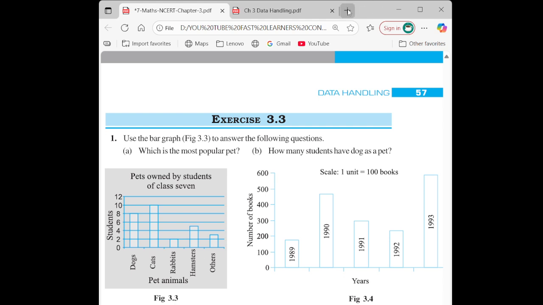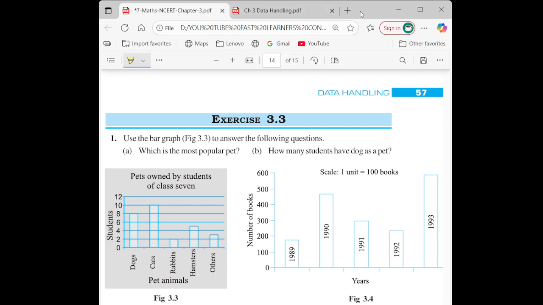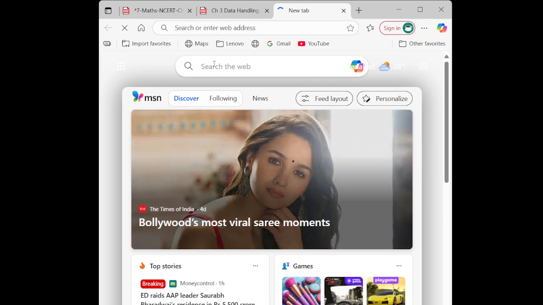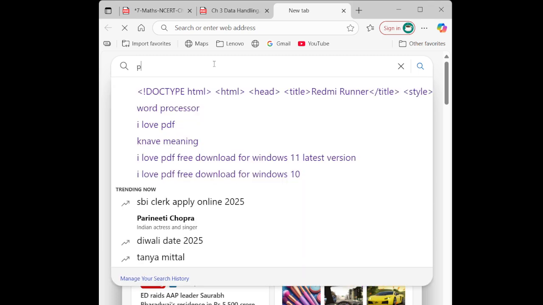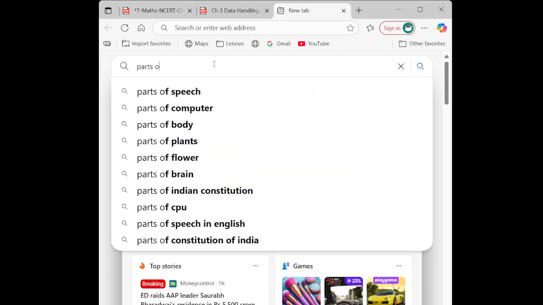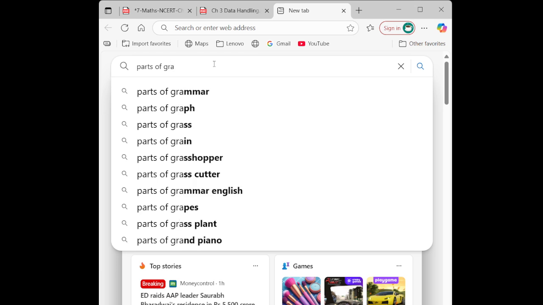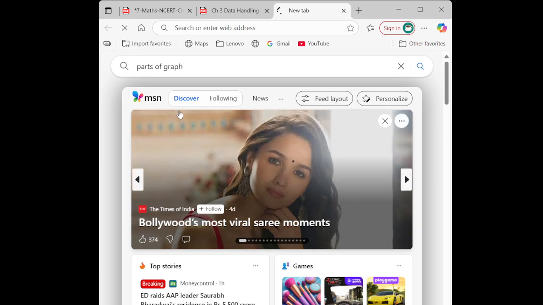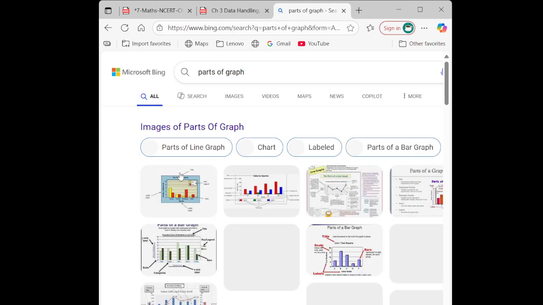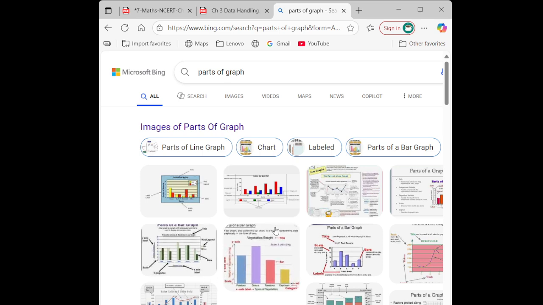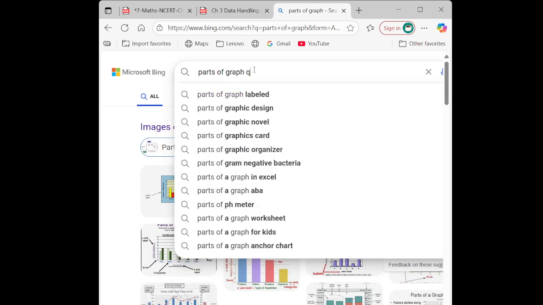let me show you what are the parts of the graph. Just a moment. Or let me write quadrant.